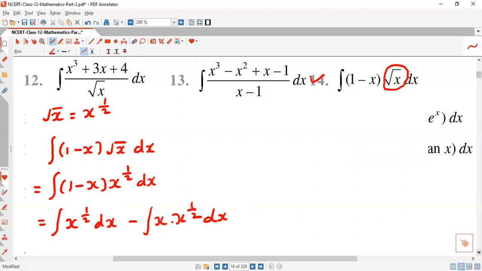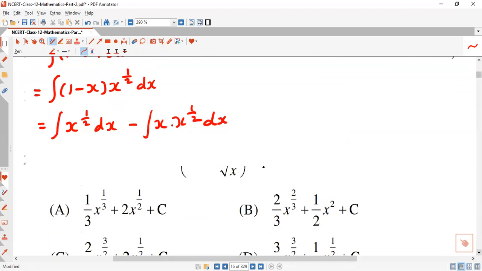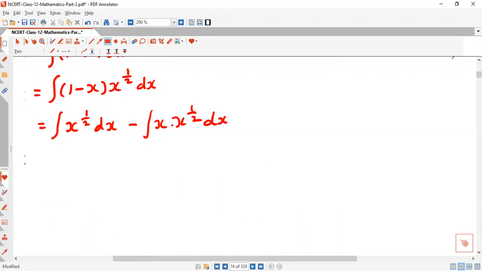This can be written as integration of x raised to half dx minus integration of x raised to 3 by 2, since 1 plus half is 3 by 2, dx.